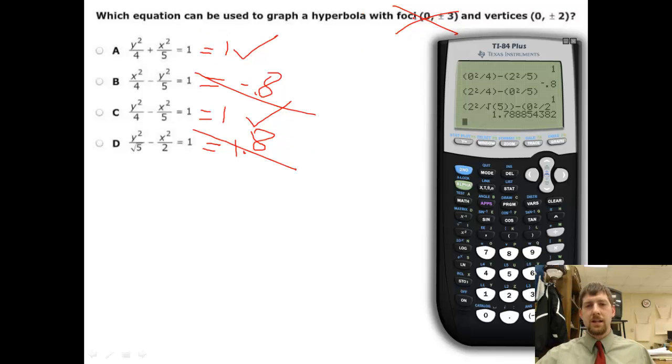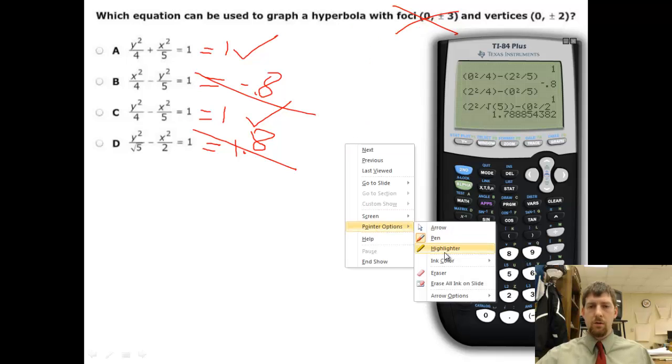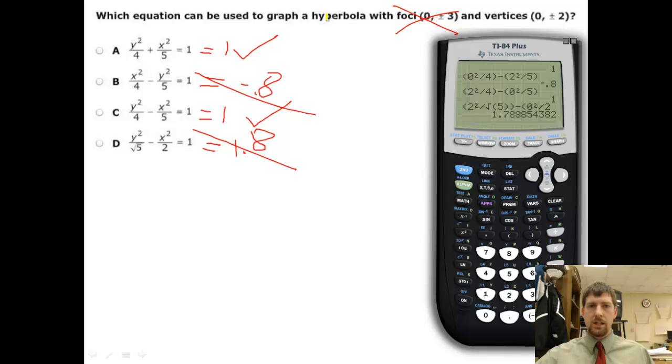So we got 2 of them that equaled 1. Well, we've got to pay attention when they give us this point type problem. We have got to read the question. It said hyperbola. So what's the difference in these 2 equations? One has a plus sign, one has a minus sign. If I read the question, this hyperbola tells me which one to go to.